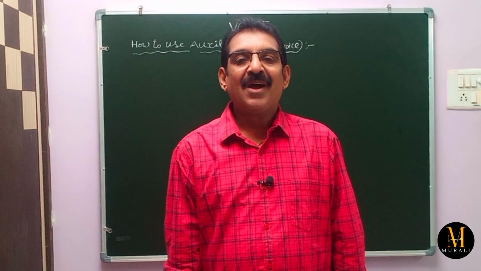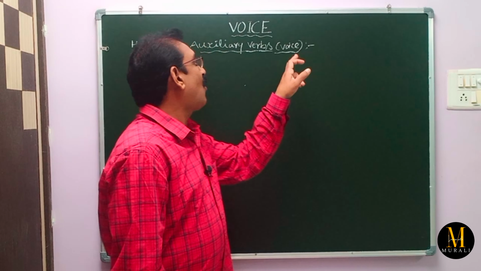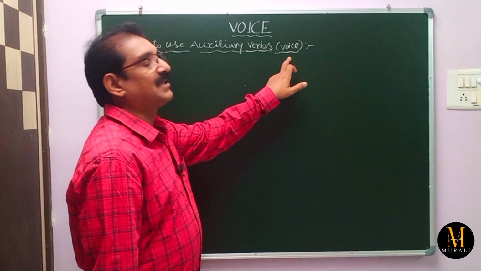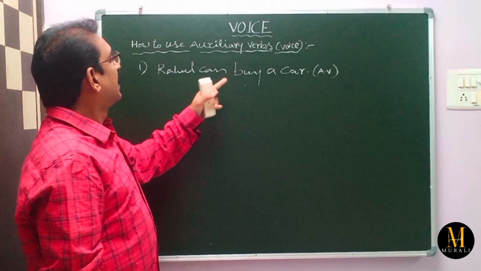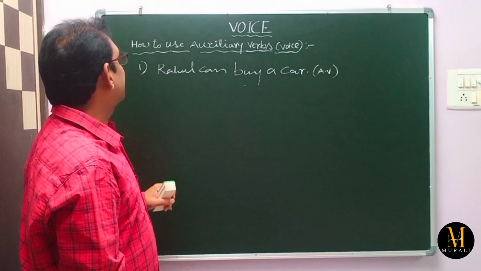Okay. Next, how to use auxiliary verbs in voice. Number 1. Rahul can buy a car. This is active voice. Change into passive voice: a car can be bought by Rahul.